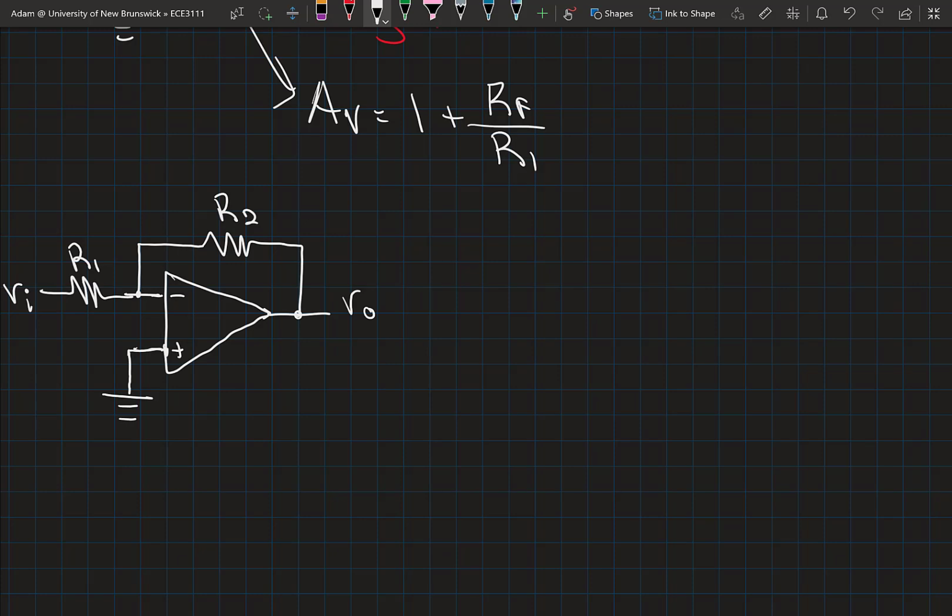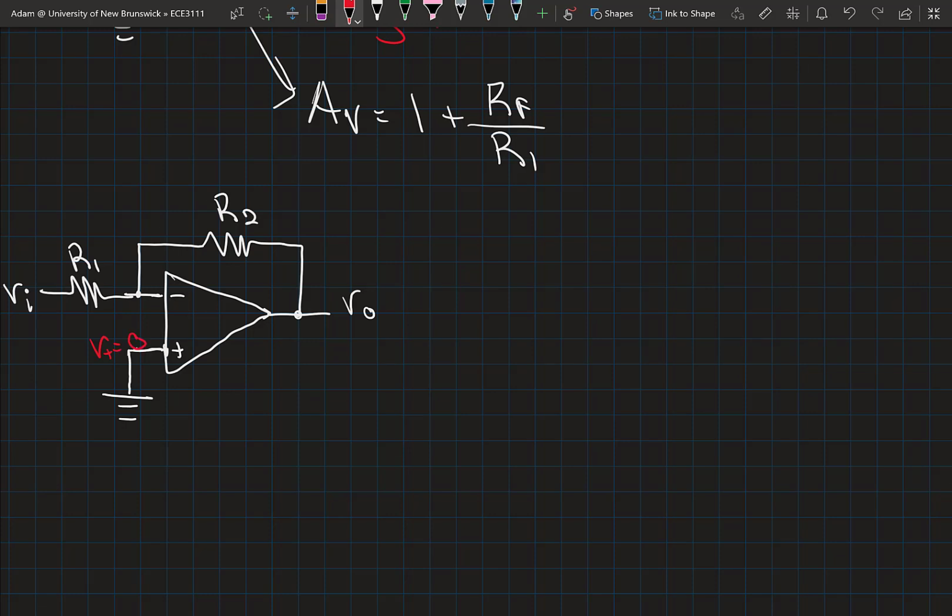Let's do some analysis on this circuit to see if we can come up with a gain expression as well. First thing I want you to note is the voltage at this non-inverting terminal is 0 because we have it tied to ground.